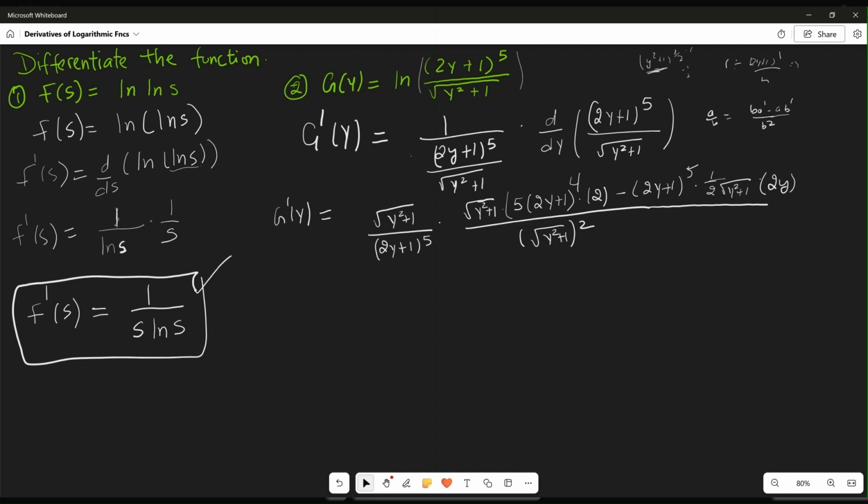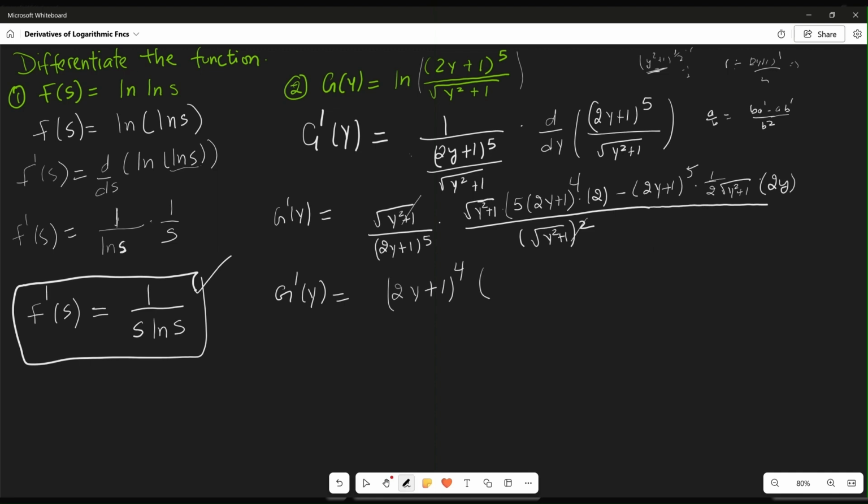Okay, let's simplify this. This one cancels out here, right? Power, similar expression. What we have left is, let's see if we can take anything common here later on, but before that, oh yeah, 2y plus 1 to power 4, and we have 2y to power 4.